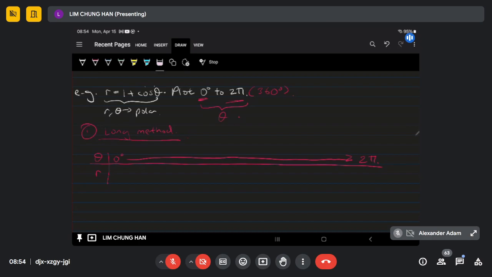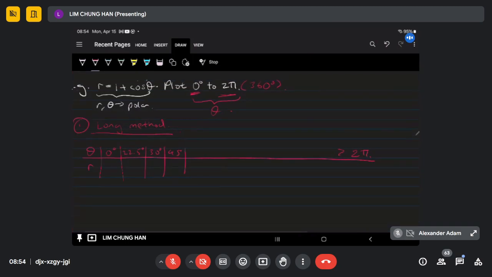So let's try a few. What do you want to try? Okay, I'll try 22.5. 22.5 is pi over what? Pi over 8, I think. Then maybe you can do 30 degrees, then 45, then 60, then 90 degrees, which is pi over 2, and so on and so forth.